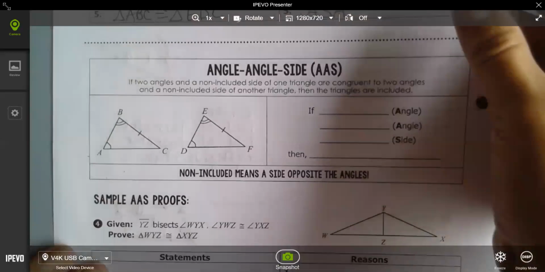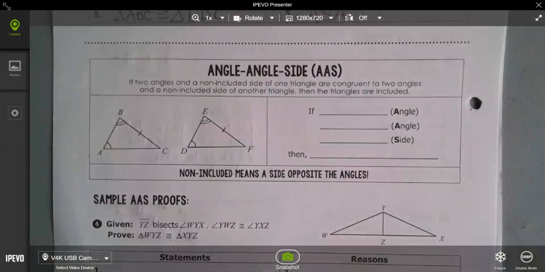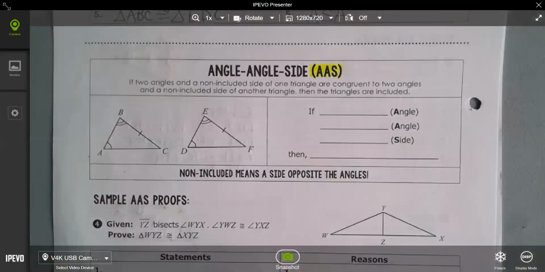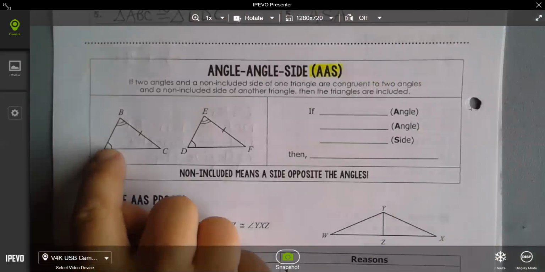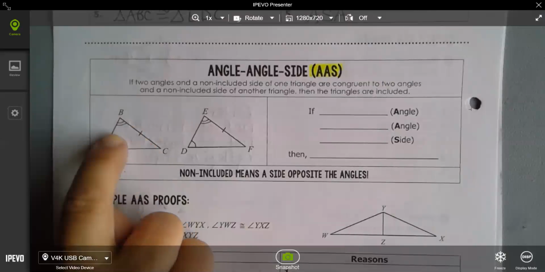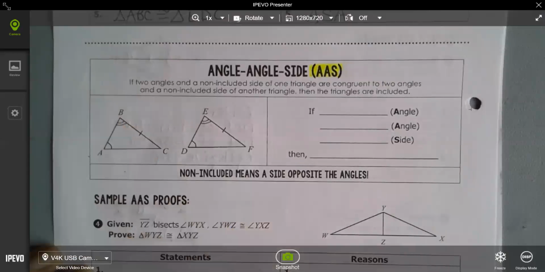All right, let's add another one on. So another way to prove that triangles are congruent is by using angle, angle, side. This time we're going to have two angles in a row followed by a side. Notice how the side is not in between those angles anymore. That would make it an angle, side, angle. So the two angles are together and then the side.